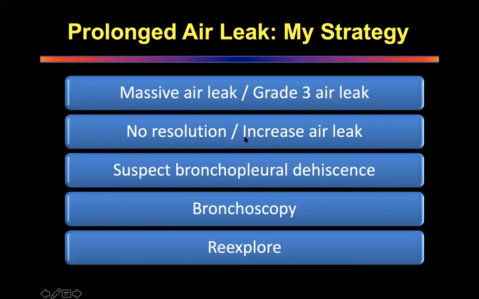In fact, the next day the air leak has gone up, then I am thinking that my staple line has given way. Okay, and this has happened maybe 2 or 3 times over my career. And I really trust my staples quite a lot. I trust that the quality of staples that I'm using are really good. Hence, to go back in for a suspected bronchopleural dehiscence is not very common in my practice.